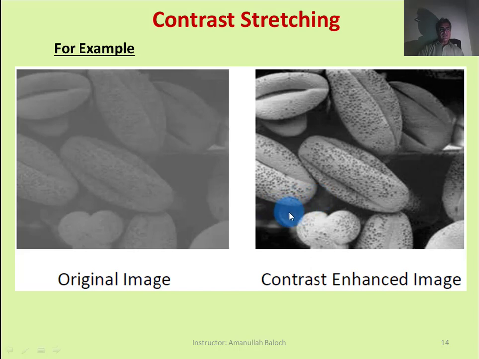This is because contrast stretching made the darker more dark and the lighter more light. You may see here is a seed, but we cannot study the condition of this seed. You may study the condition of the seed in the contrast stretching or enhanced image here.